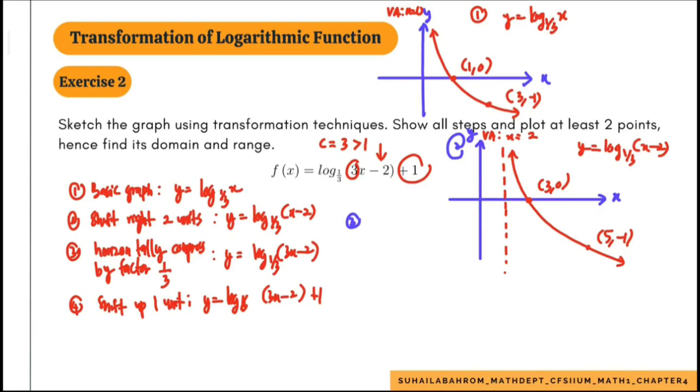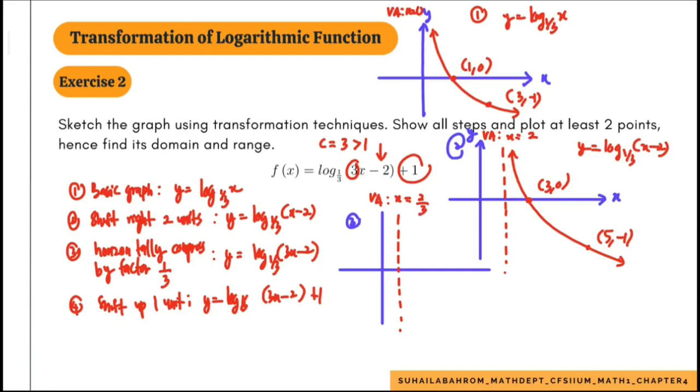So our vertical asymptote at x = 2 also has to be multiplied by 1/3, so you will get the new vertical asymptote x = 2/3.